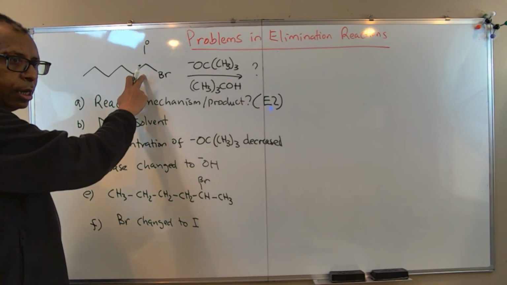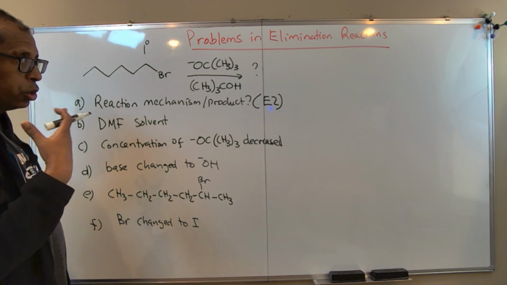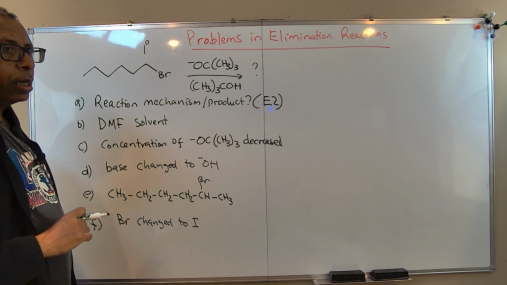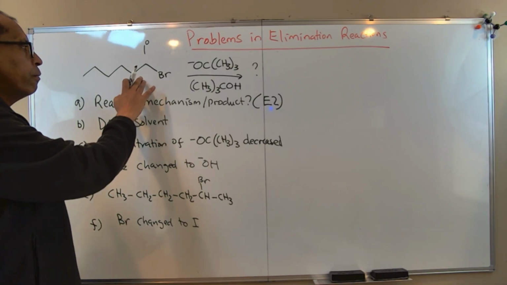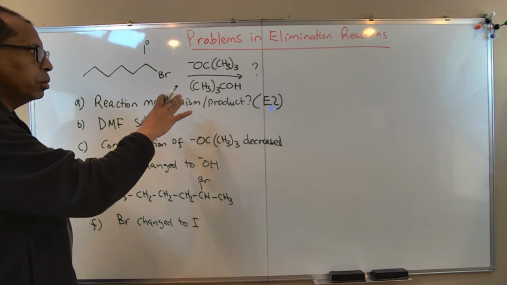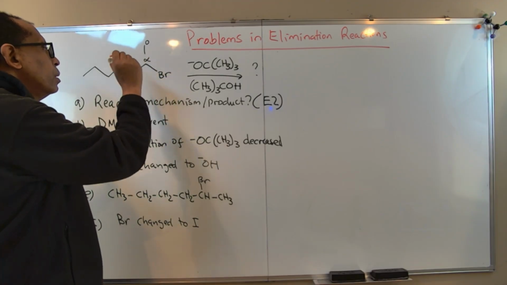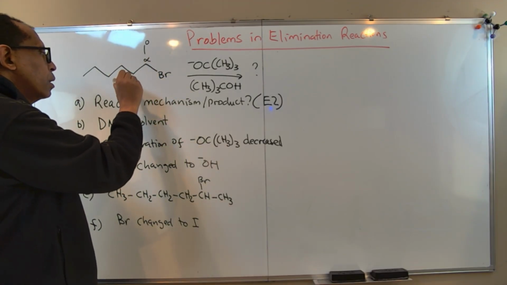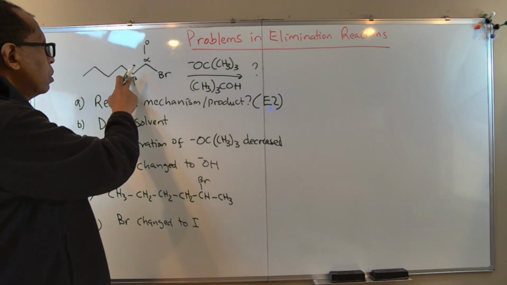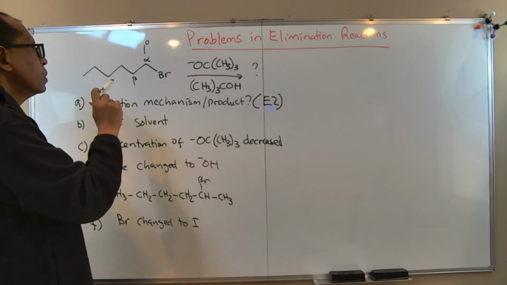You have an alkyl halide, which is primary, not tertiary, which doesn't make a carbocation. Therefore, this reaction goes through an E2 mechanism. So this is the alpha carbon, and this is the beta carbon. So the hydrogens are over here.